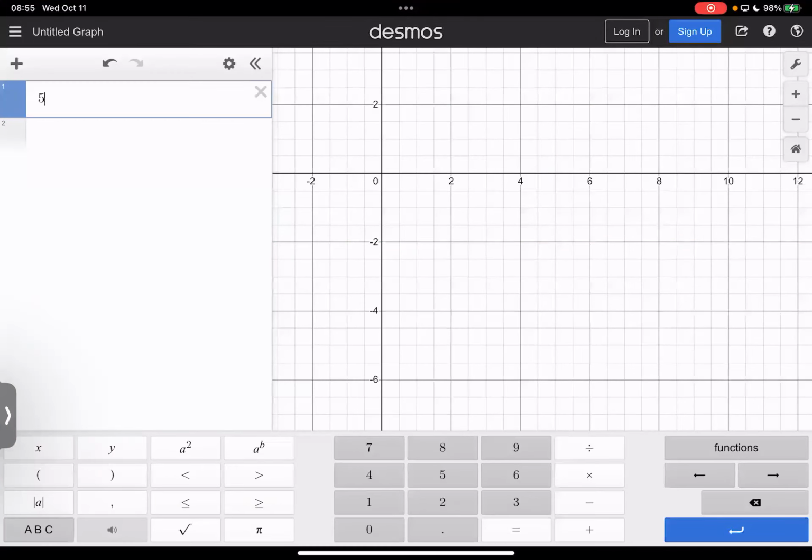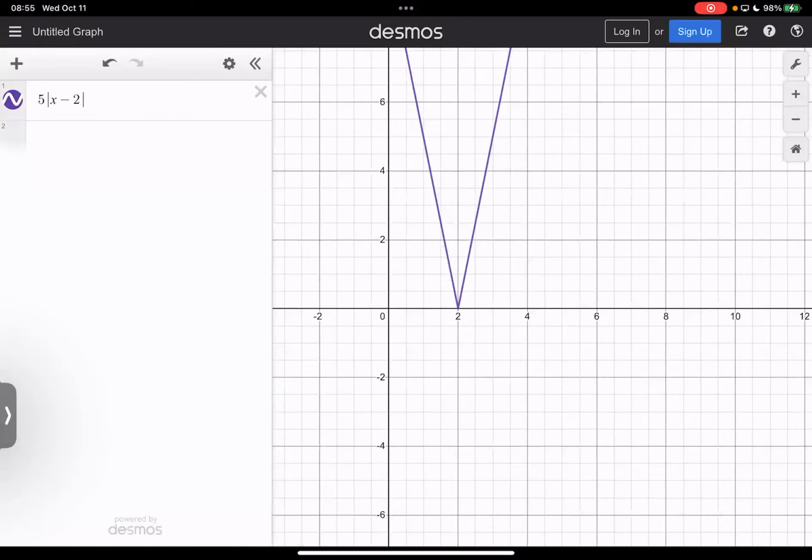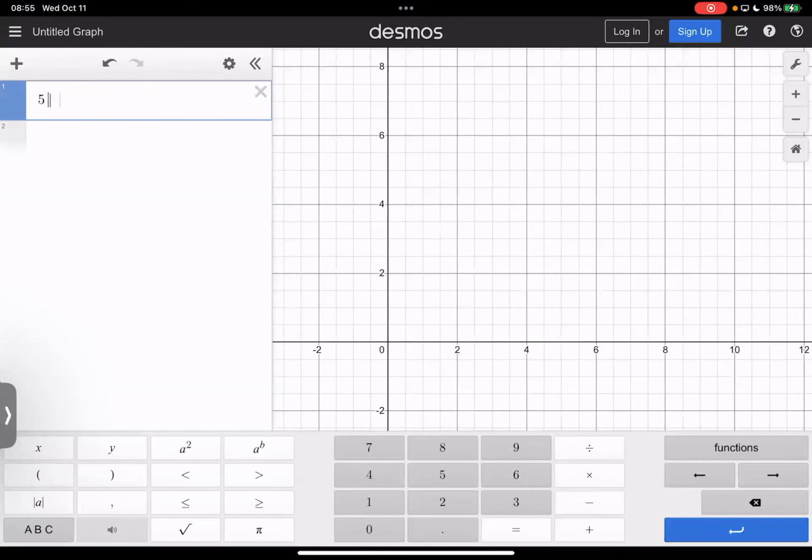We had 5 times the absolute value of x minus 2. Oh, I should be confirming my prediction, let's do that. 5 times the absolute value of x did get tighter, right? Just like I predicted. And then we had minus 2 shifting me over to the right.